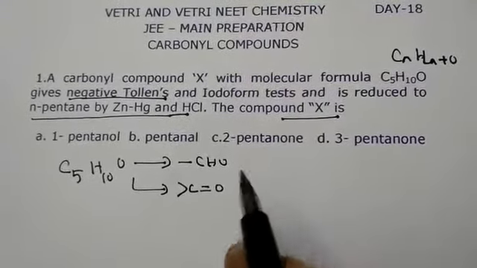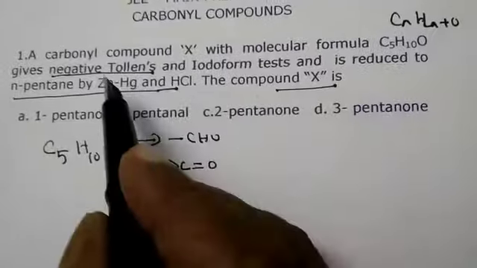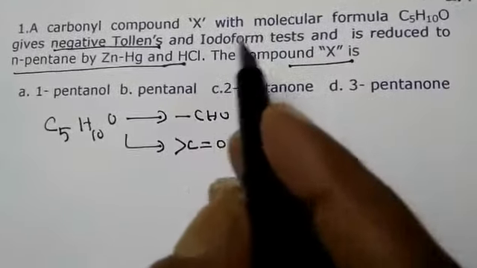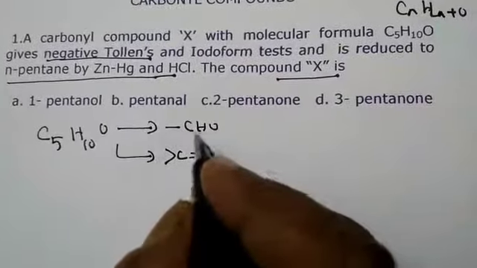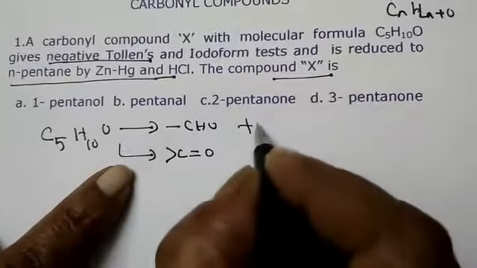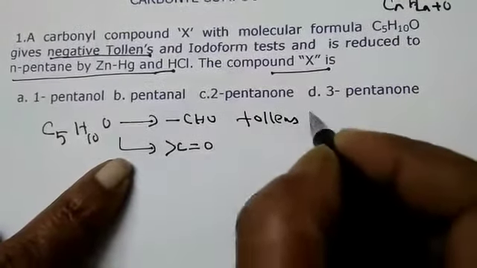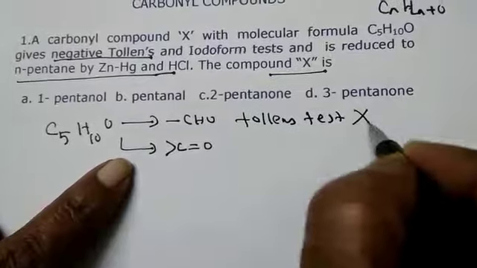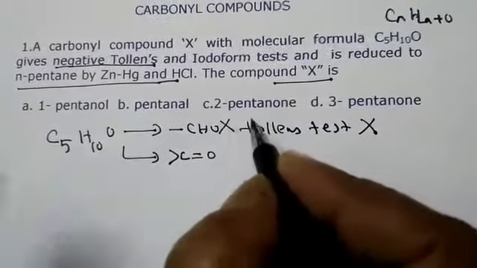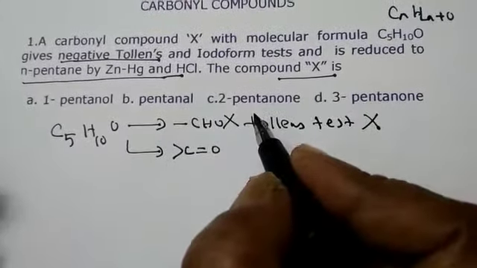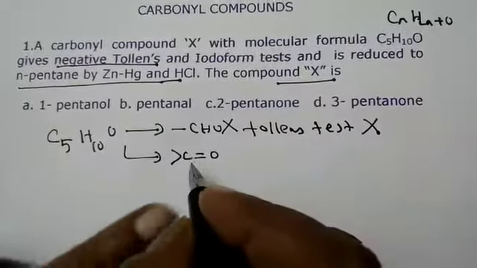Okay, now the information we are getting is that it is negative for Tollens and iodoform. Since it is not answering the Tollens test, it is not an aldehyde. First conclusion is over. Next, what about the ketone?